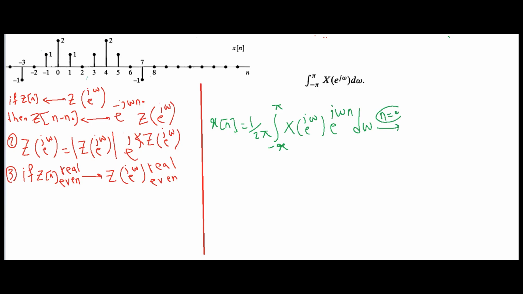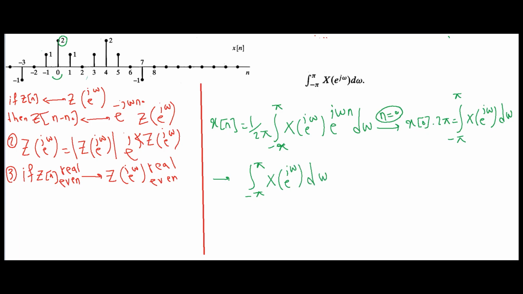If we set n equal to 0, this equation becomes x[0] times 2 pi equals the integral of X(e to the power j omega). This is exactly the integral we are asked to compute. Since x[0] is equal to 2, the value of the integral becomes 2 multiplied by 2 pi, which is equal to 4 pi.